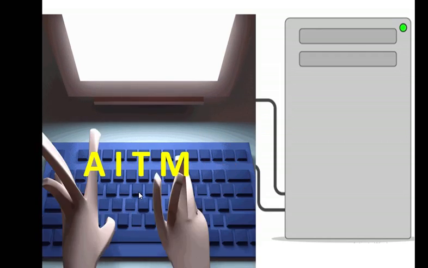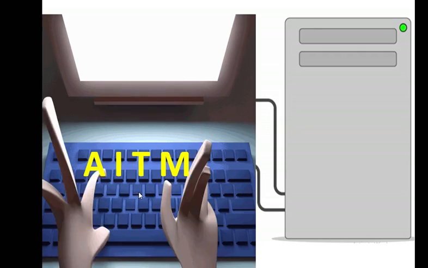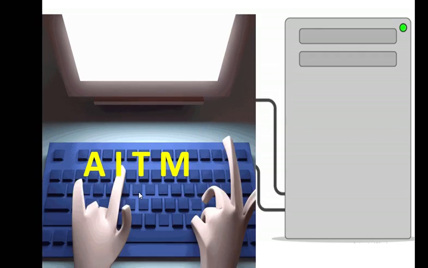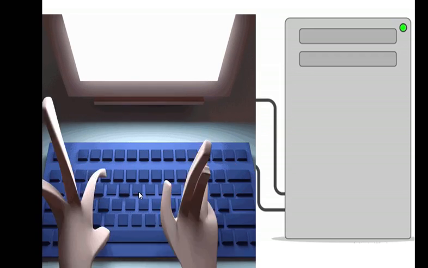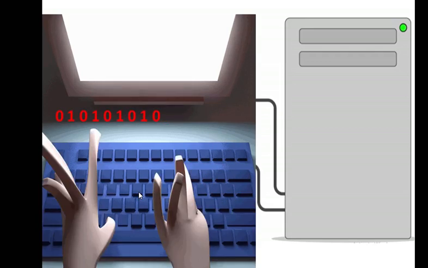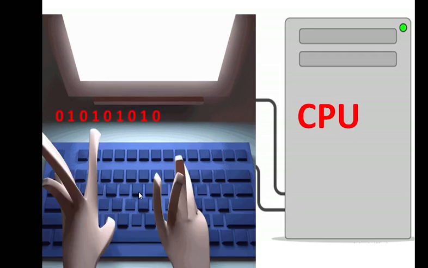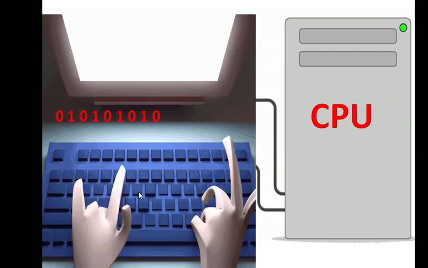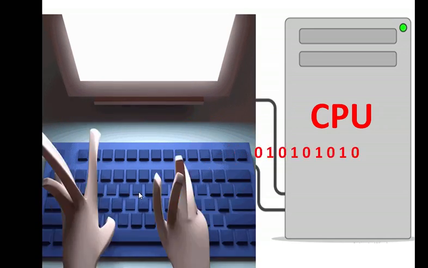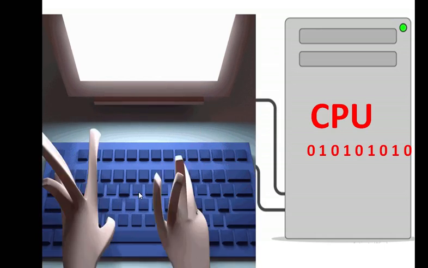If you type AITM, what will happen? It will be converted into binary code, that is machine language, 010101. Then it will be transferred to the CPU. After transferring, the CPU will read it and then process it.